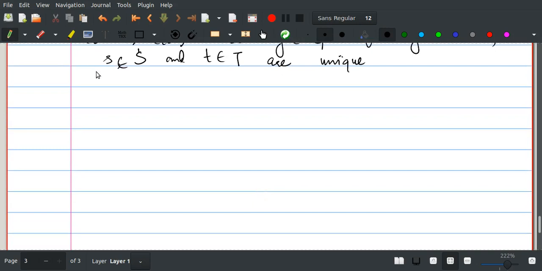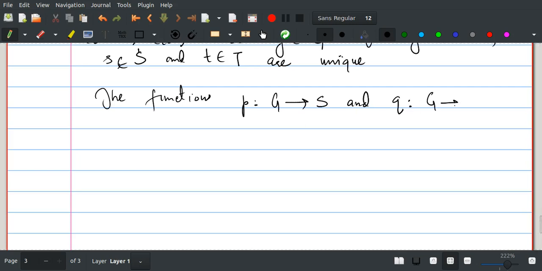Note that the functions which are given, the functions P from G to S and Q from G to T, are well defined.